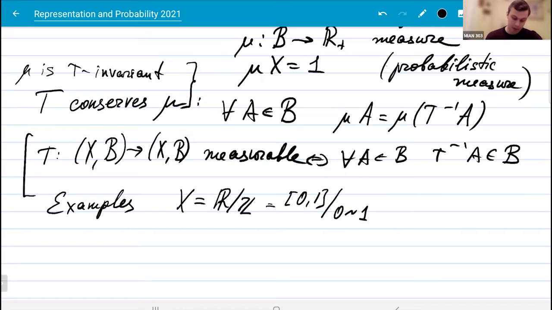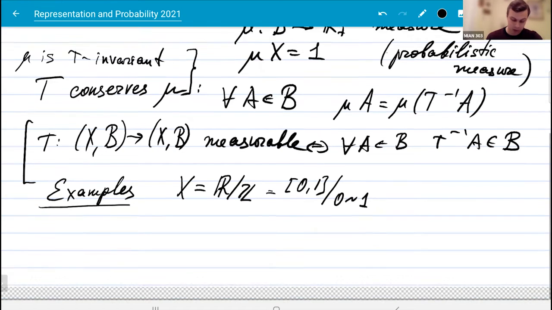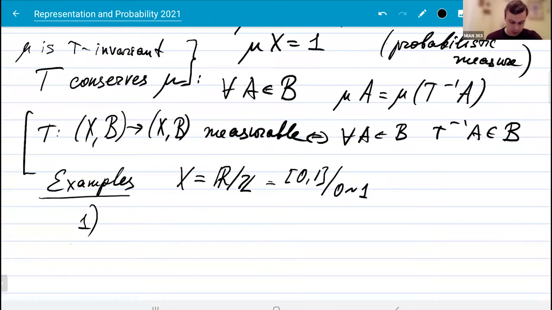And on this space, let us consider the map R alpha, which maps x to x plus alpha. So in terms of the real line, it's just a shift, and on the circle, it is maybe better described as a rotation. You just rotate it by alpha of the full turn.